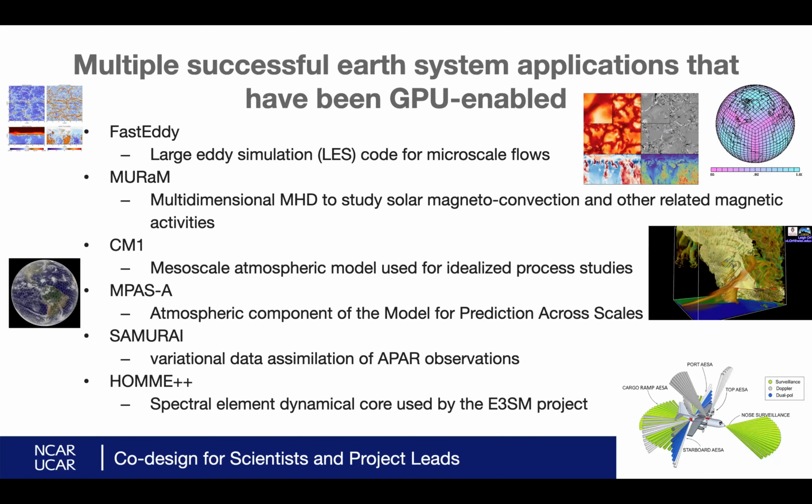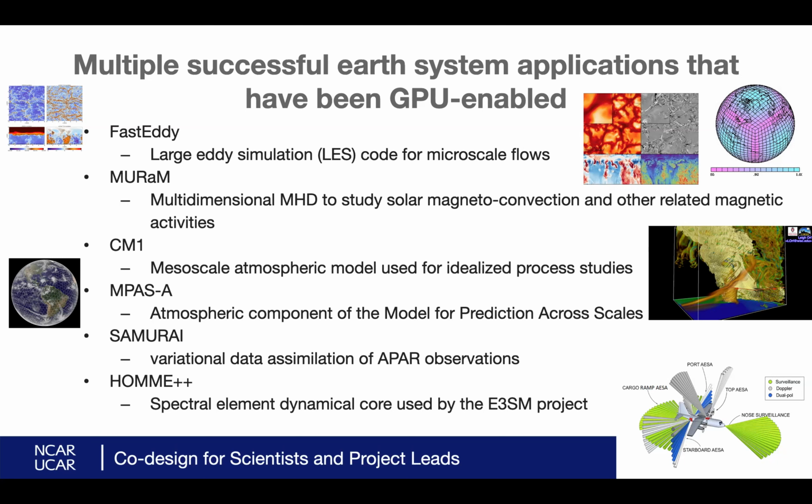Here's a list: fast eddy large eddy simulations, MIRAM, which is a multidimensional magnetohydrodynamic code, CM1, which is a mesoscale atmosphere model, MPAS-A, which is the atmospheric component of MPAS, Samurai, a variational data simulation for an observational system that will hopefully in the very near future be flying through storms, and also Home++, which is a spectral element dynamical core used by the E3SM project.